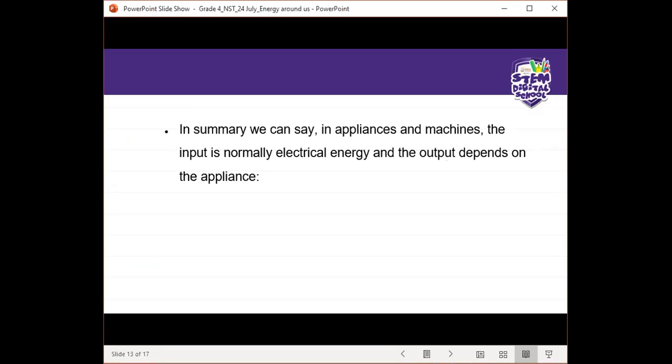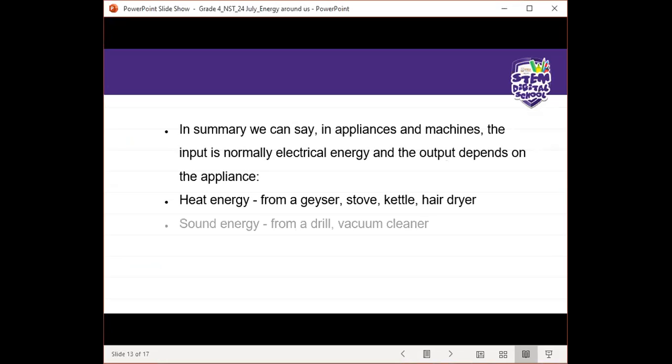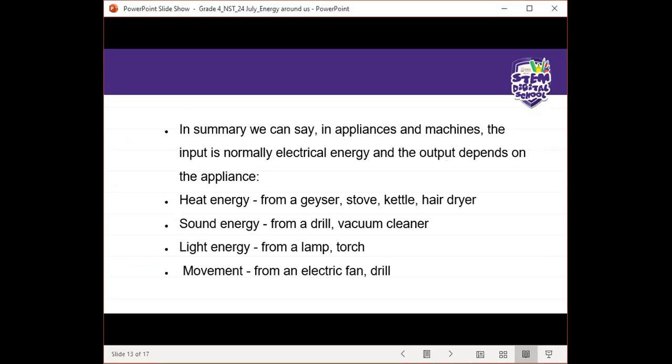In summary, we can say in appliances and machines, the input is normally electrical energy, and the output energy depends on the appliance. Heat energy from a geyser, stove, kettle, hair dryer, then sound energy from a drill or vacuum cleaner, light energy from a lamp or torch, and movement from an electrical fan as well as a drill.